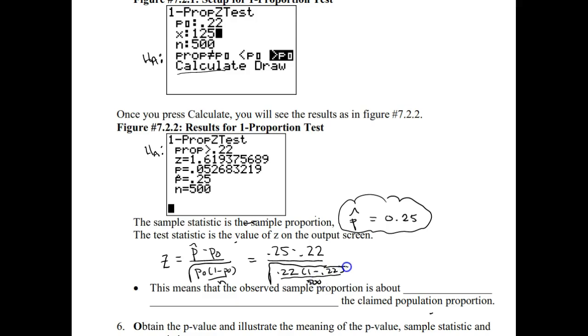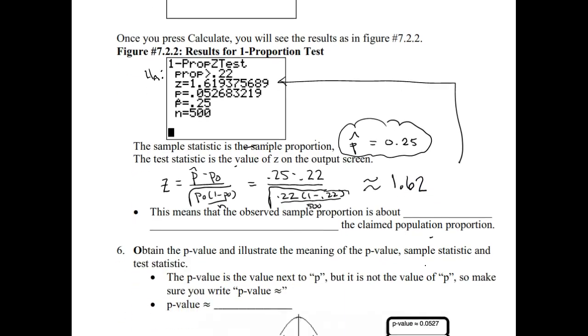That z-score is on the output screen, and we would round it to about 1.62. So there is our test statistic z-score.